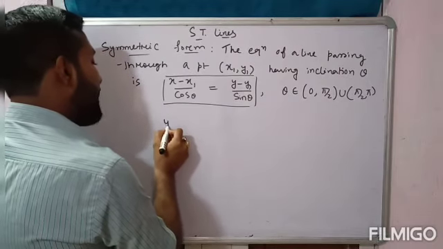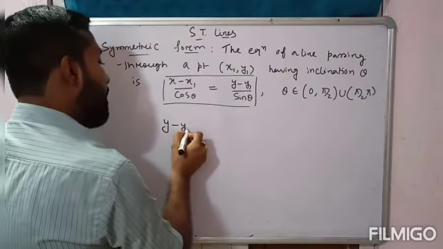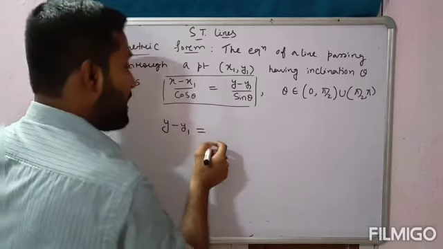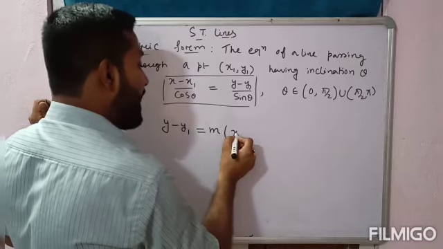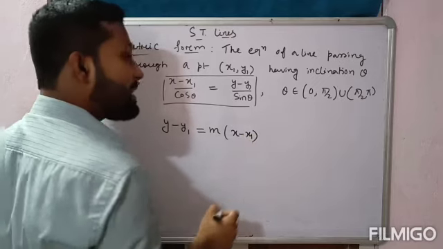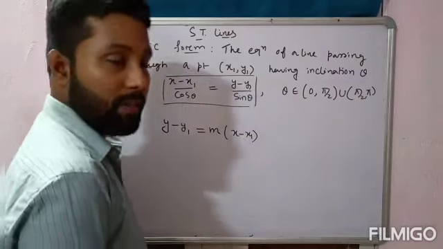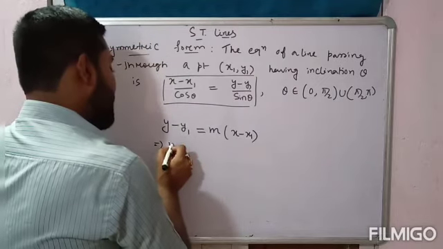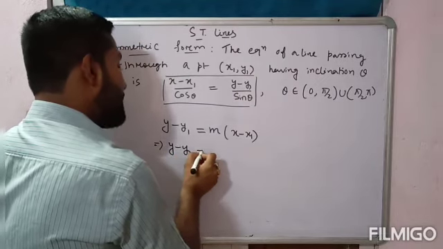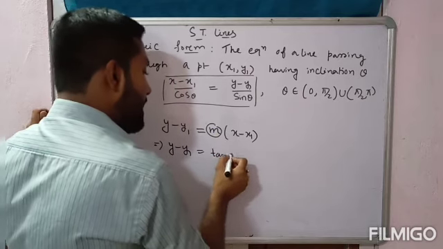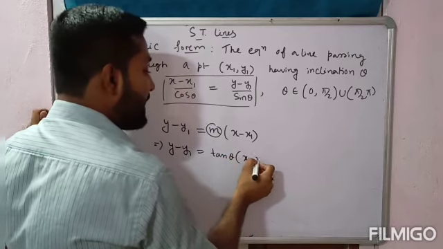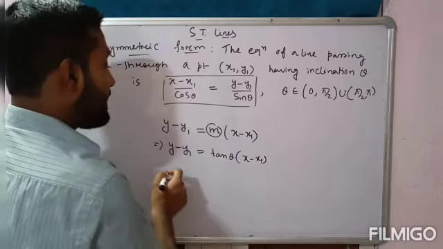We know the equation of a line passing through a point having slope m is y minus y1 is equal to m into x minus x1. That is the equation of a line in point slope form. So y minus y1 is equal to, we can replace this m by tan theta because slope is denoted by tan theta only. M equal to tan theta.